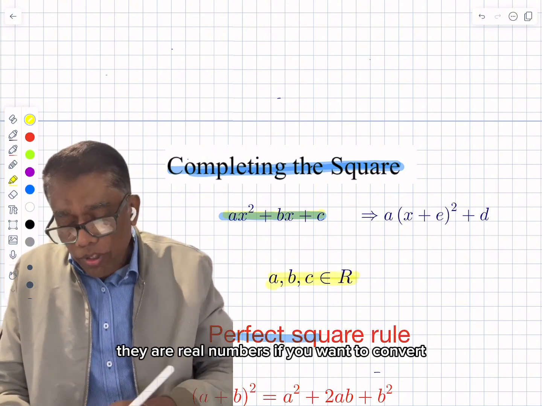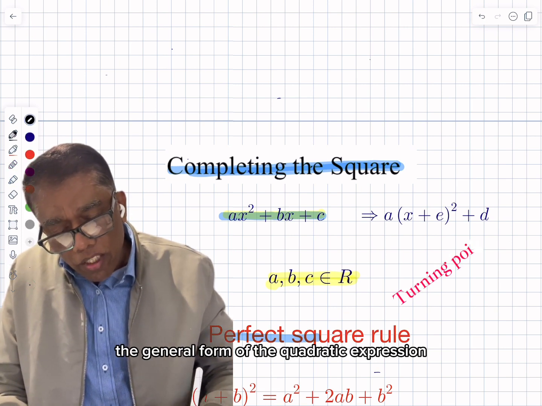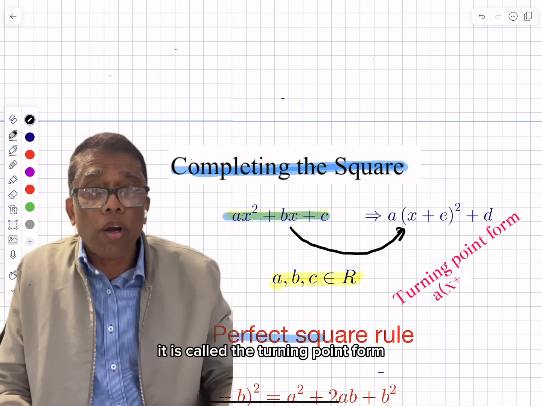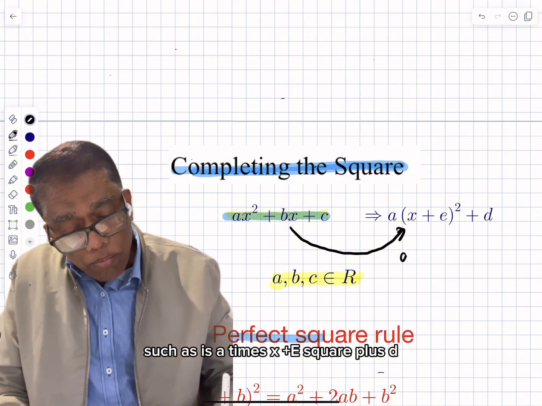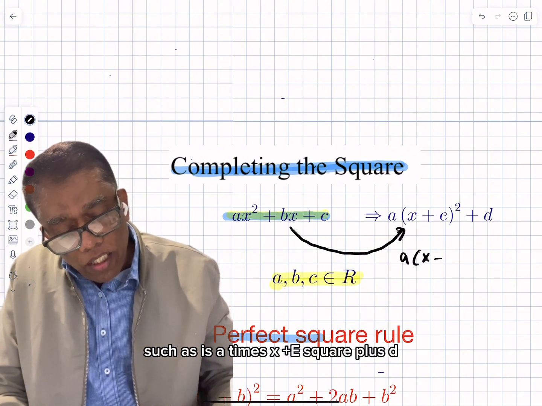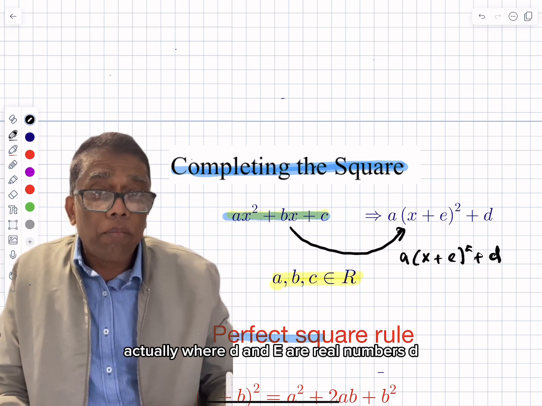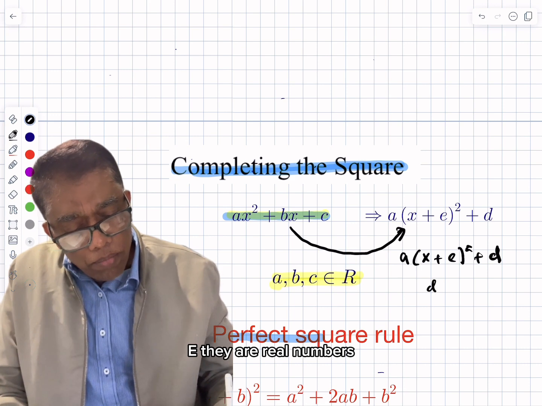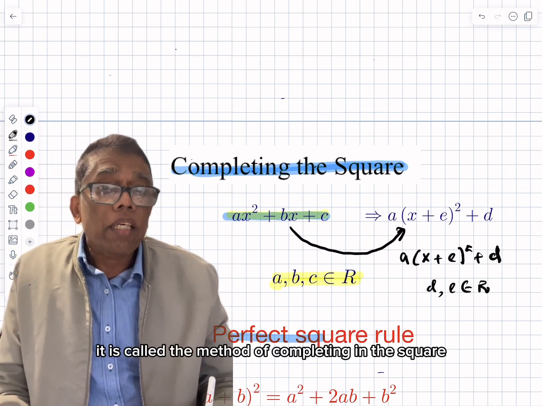If we want to convert the general form of the quadratic expression to a specific form, called the turning point form, such as a times (x plus e) square plus d, where d and e are real numbers, it is called the method of completing the square.